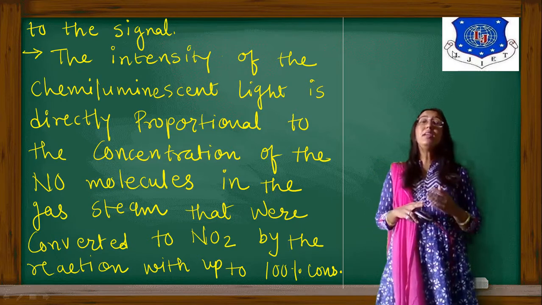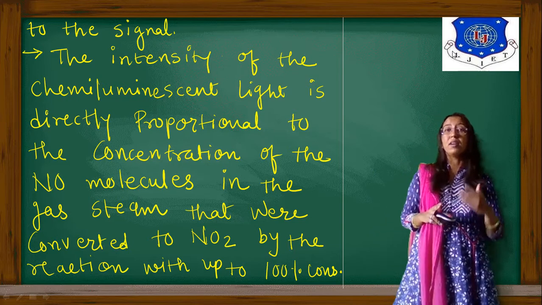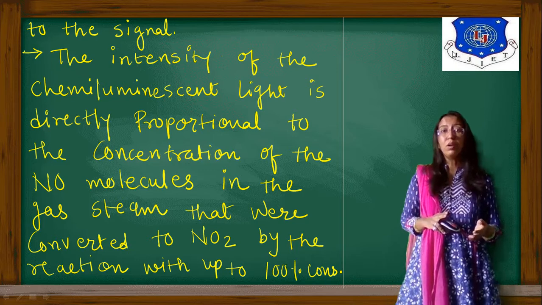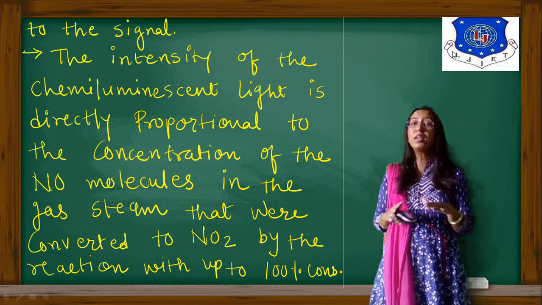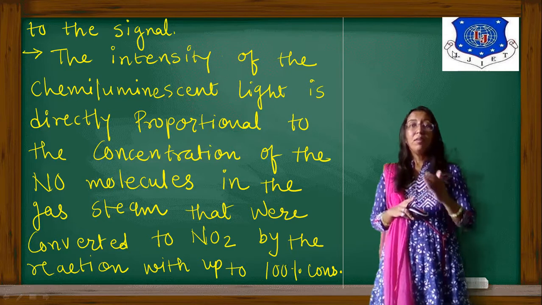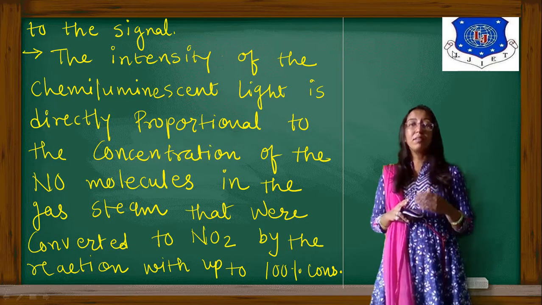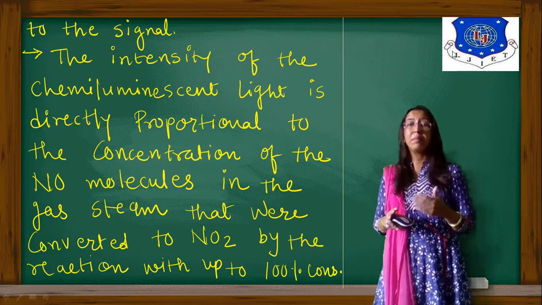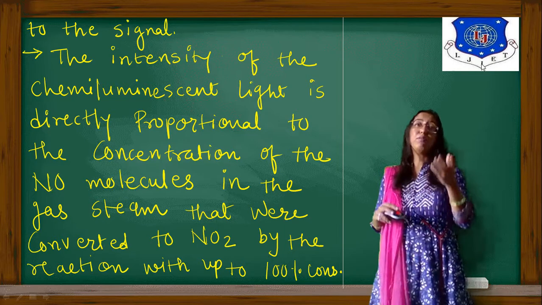The intensity of the chemiluminescence light is directly proportional to the concentration of the NO molecules in the gas stream that were converted to NO2 by the reaction with ozone, up to 100% concentration.